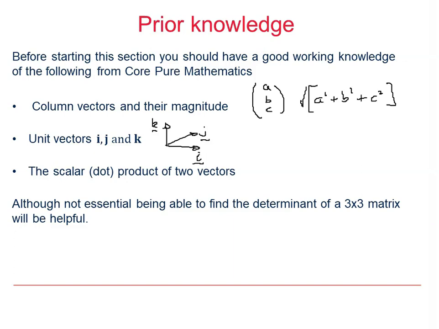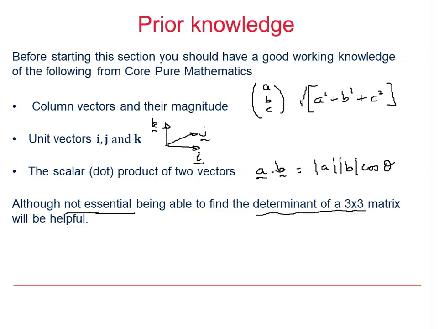You should have met the dot product a dot b of two vectors and know that it is defined as mod a, mod b, and then cosine of the angle between the vectors. Also, although it is not essential, it is useful to be able to find the determinant of a 3x3 matrix.